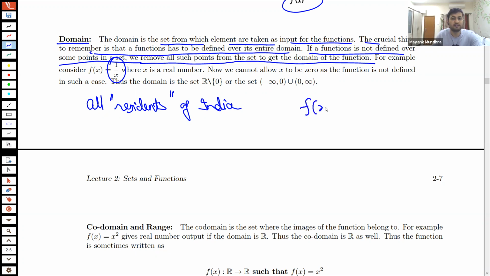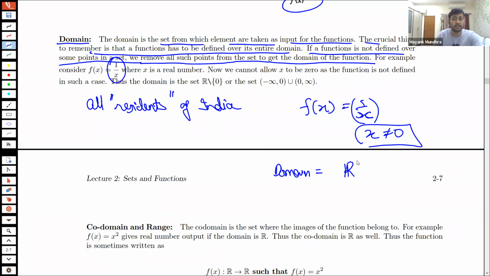So suppose I define a function f of x equals 1 by x, where x can be real numbers, but x cannot be equal to 0. Because if x is equal to 0, the denominator becomes 0, and 0 in the denominator is unacceptable. So the domain of this function will really be the set R minus {0}.